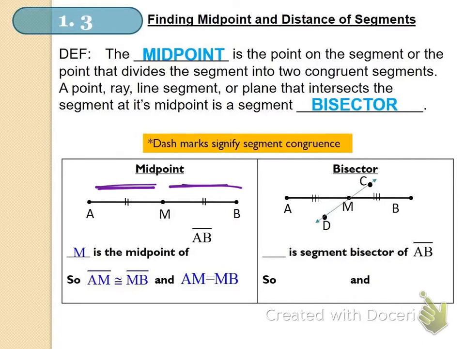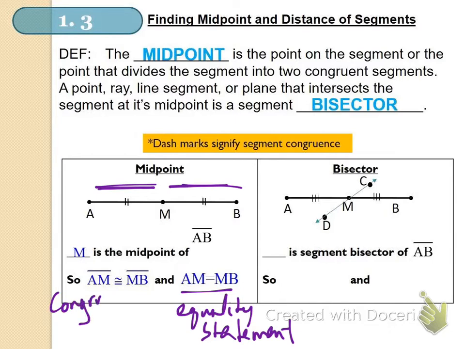Now, again, geometry existing in two different worlds, one when we talk about the diagram and one when we talk about numerical measures. If we know that those two segments are congruent, then we should also understand that the two lengths of those segments are going to be equal. Difference between an equality statement, which is here, versus a congruence statement, which is here.